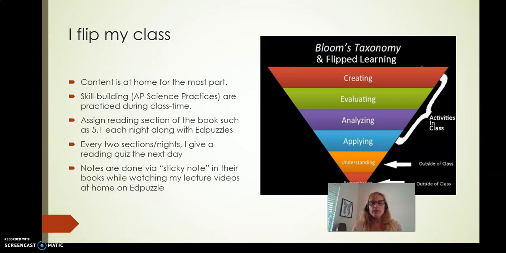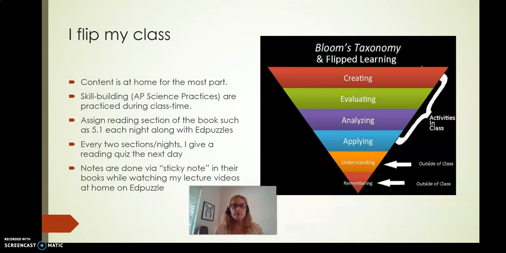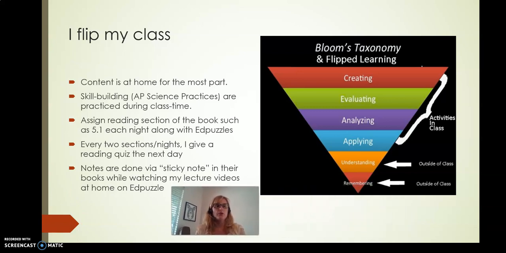So a few years ago, I decided to flip my class. And so content, all of the essential knowledge, for the most part is done at home, except for really hard things. So in Bloom's taxonomy, this is one of the reasons why I flipped, in this diagram. I should have put the credit here. It's from a flipped learning website.